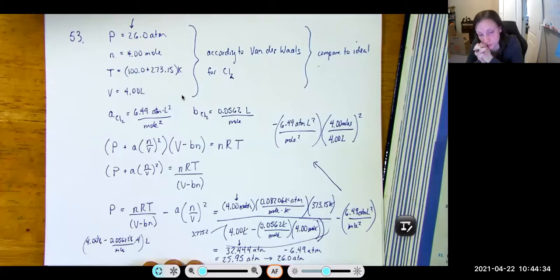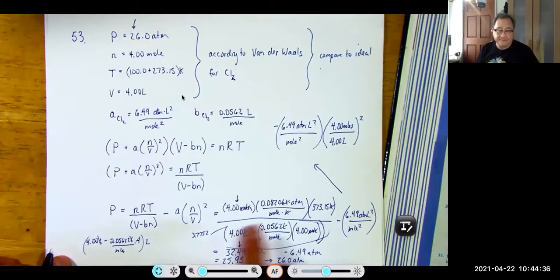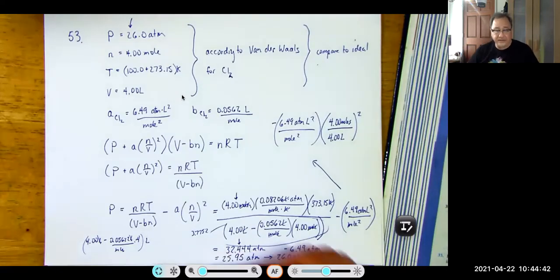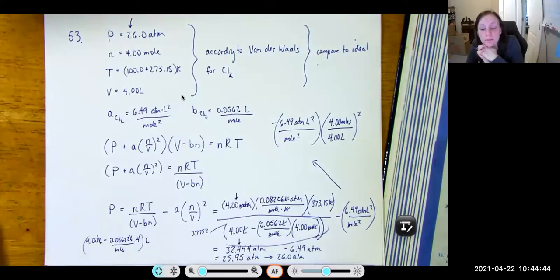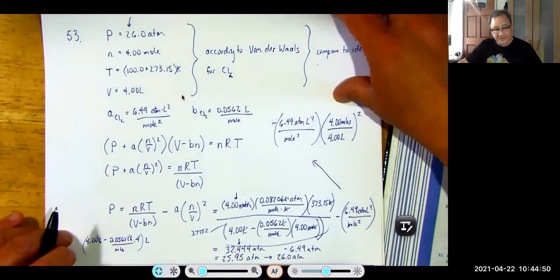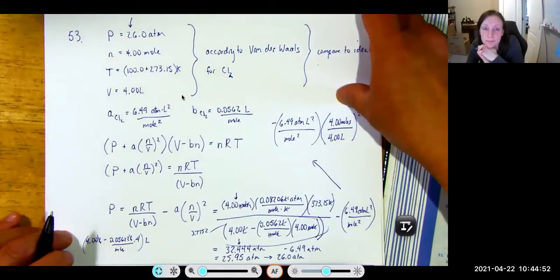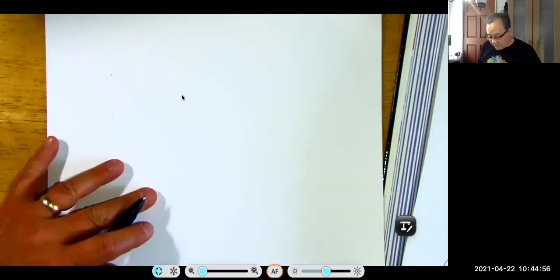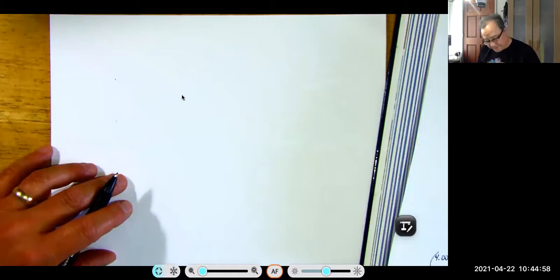And that means that liter would cancel with that liter on the top. So yes, it cancels with both of them because they both are the same liter, as it were. So we do confirm that you get a pressure of 26 atmospheres. But the second part is, now let's calculate the pressure if we use the ideal gas law.